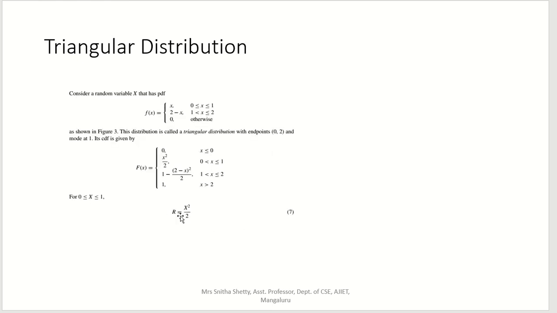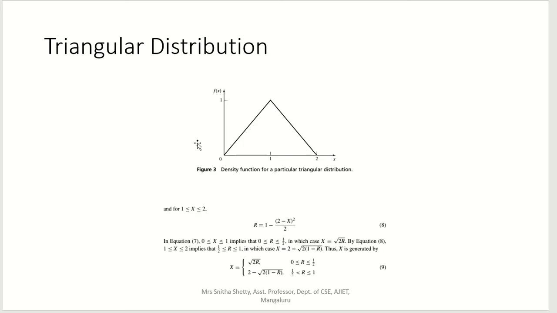Here the condition is that the given random number should lie between 0 to 1 by 2, that means between 0 to 0.5. If the random number is greater than 0.5 to 1, then this formula applies: x is equal to 2 minus the square root of 2(1 minus r).